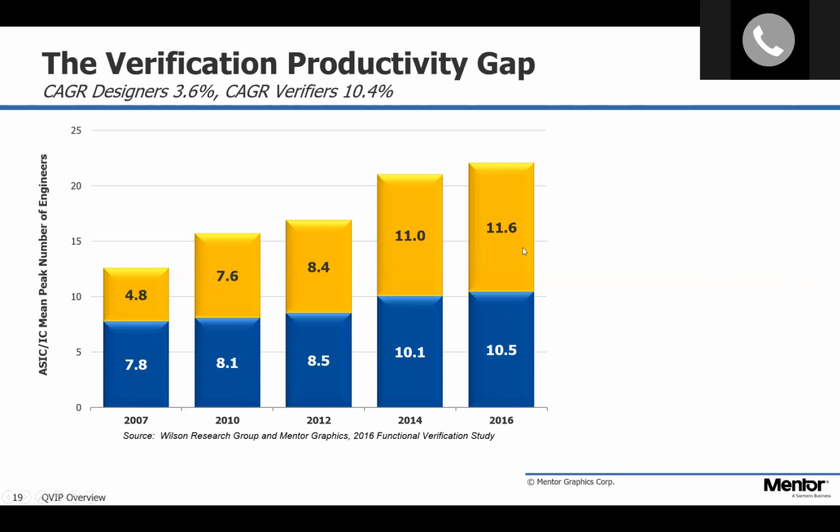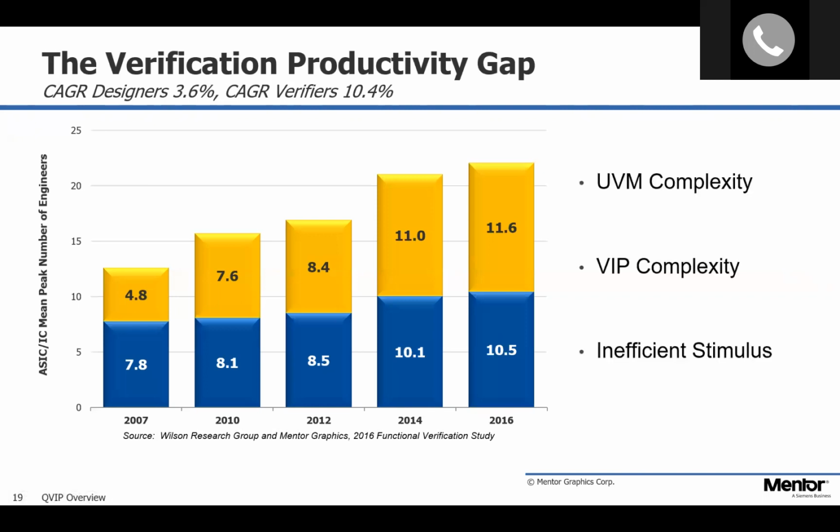By 2016, we had more verification engineers than we had designers. I think we'll get the 2018 data very soon, and I expect to see that trend going up. So we really do see the trend, and we also see it in the FPGA world, that more and more time is being spent on verification versus design.